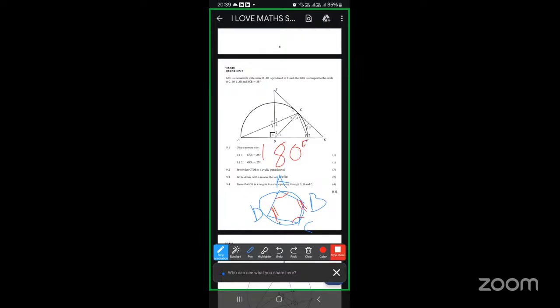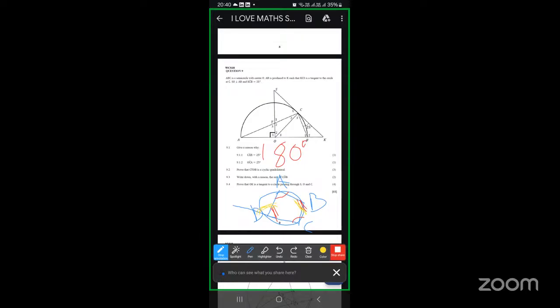Or there is also this theorem here. If we extend the line here, this exterior angle is equal to that angle.